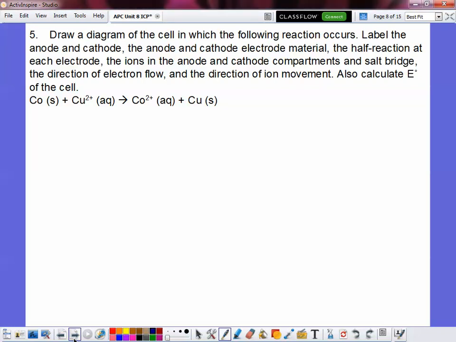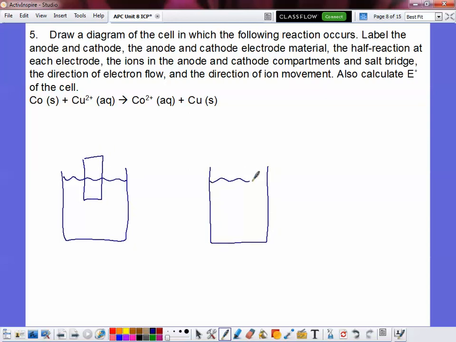and then we'll start labeling it with the different parts and the different substances. So all galvanic cells consist of two containers that have the electrodes sitting in them. Just so that you're aware, this is how much space I took up for the last equation.